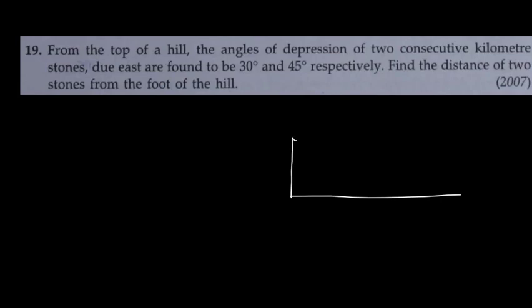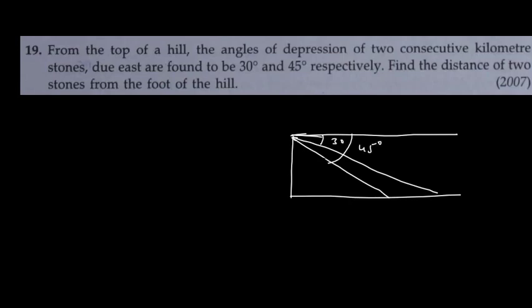One is at a depression of 30 degree and other at a depression of 45 degree. So here this angle is 30 degree and this angle is 45 degree. I will get this angle as 30 degree by alternate angle theorem, and this angle is 45 degree. This is A, B, C and D.